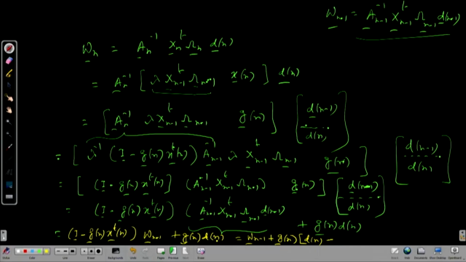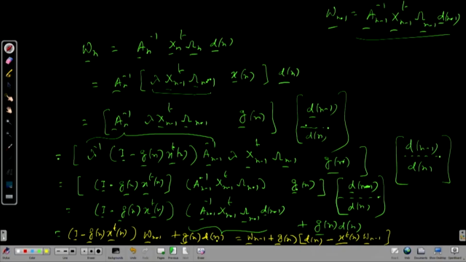So, this row vector into column vector is a scalar, g n into that scalar. So, if you take g n out, it will be this. All right. I moved to the next page, deliberately did it here so that you can see things and then understand how this is coming.